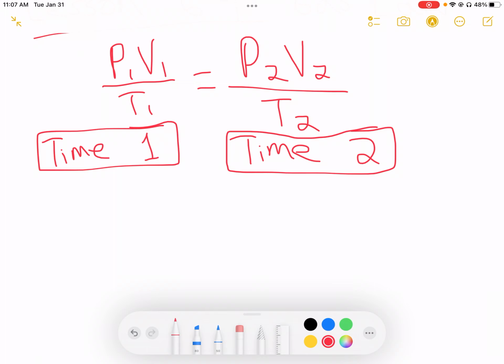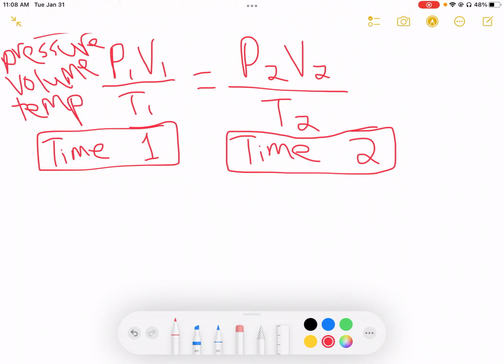Let me think about it. I guess I could write pressure, volume, temperature. You guys are familiar with what those things are.